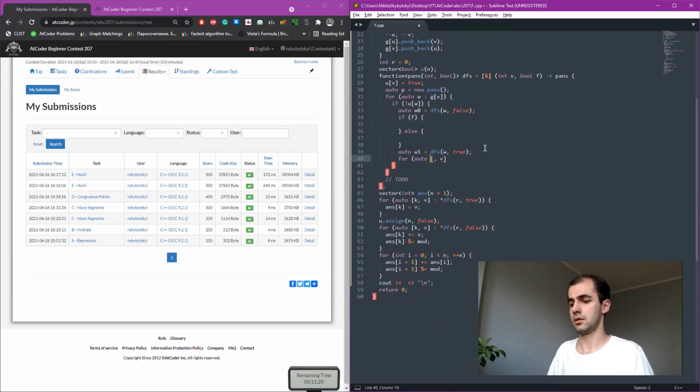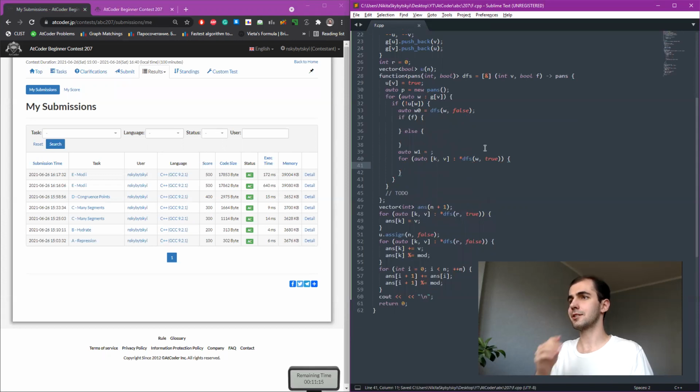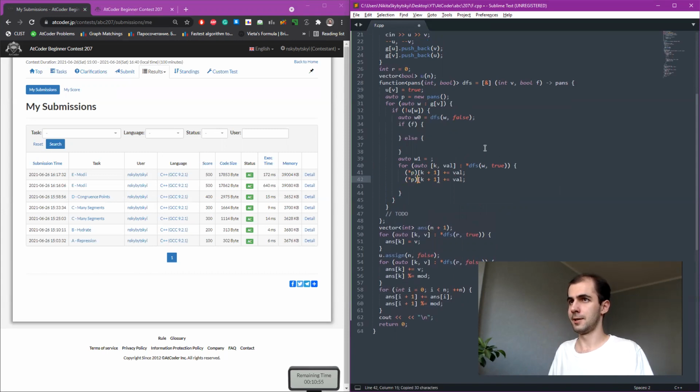Stupid. But that happens. Like this takes the root vertex of that subtree. Okay. Because it takes that vertex, it's also going to take us together, and therefore p at k plus 1 should get an added value, should absolutely get modded.